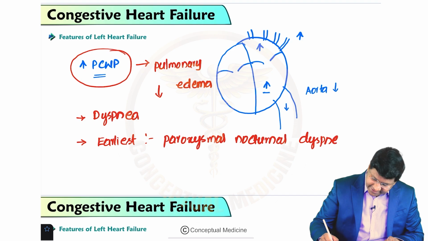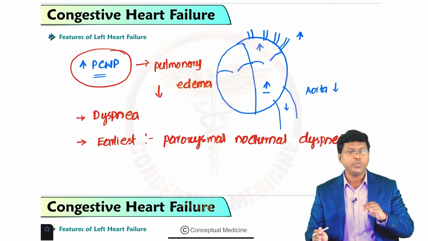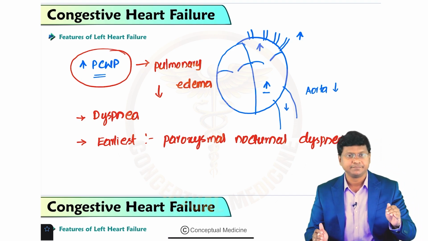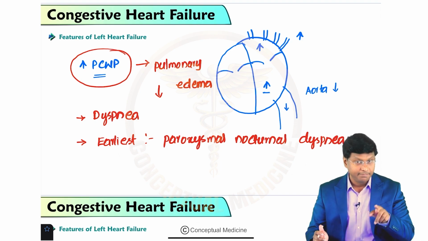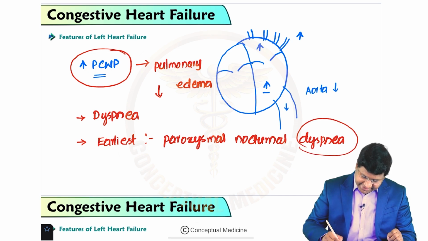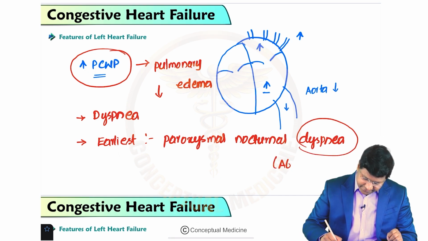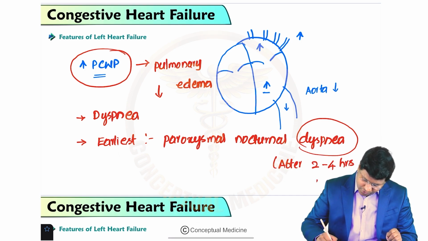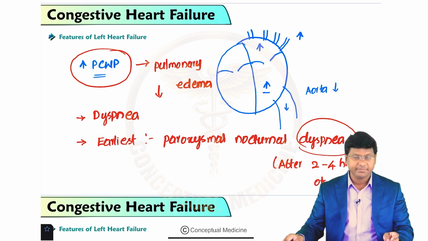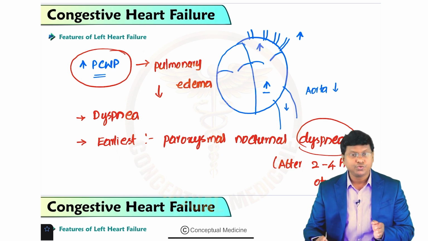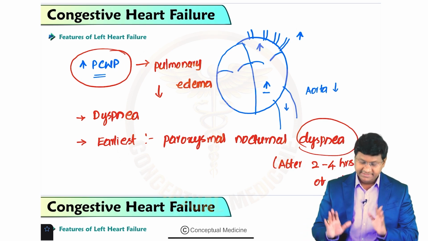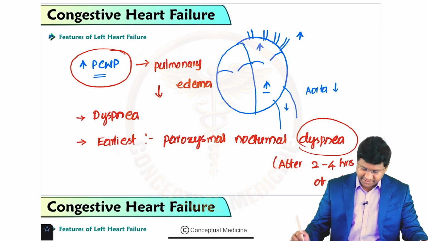It means that when these individuals sleep, initially they don't have dyspnea, but there will be development of dyspnea after 2 to 4 hours of sleep. That is paroxysmal nocturnal dyspnea.